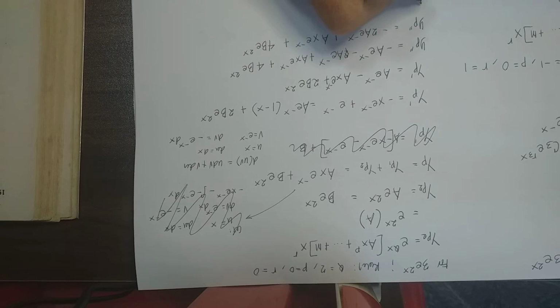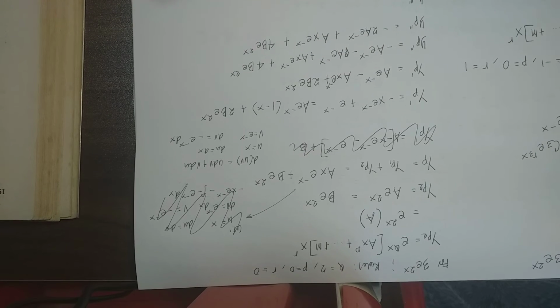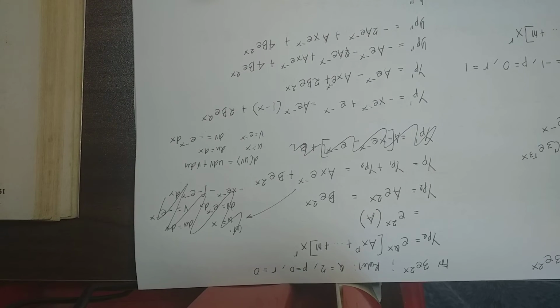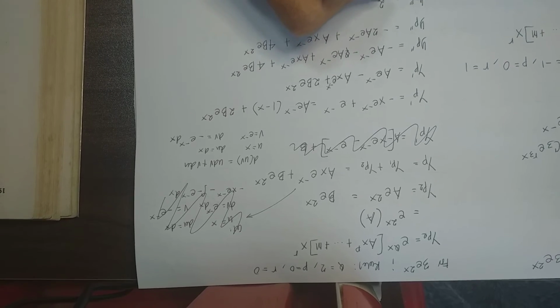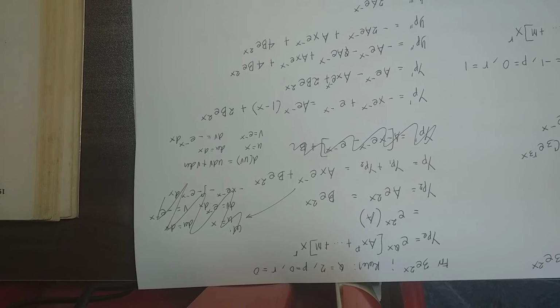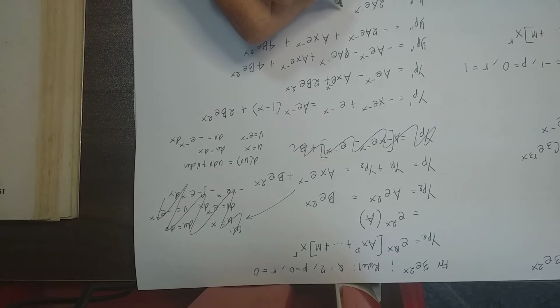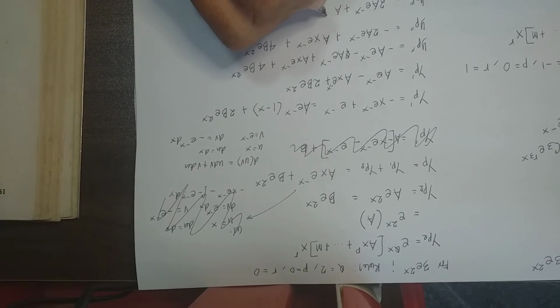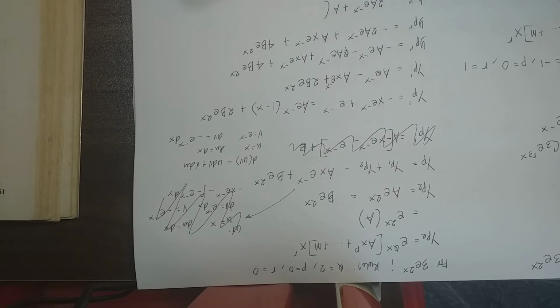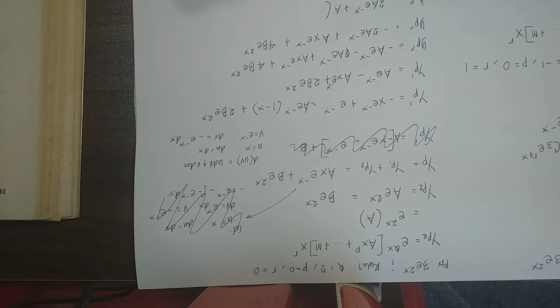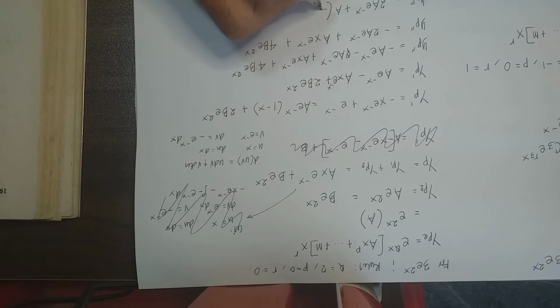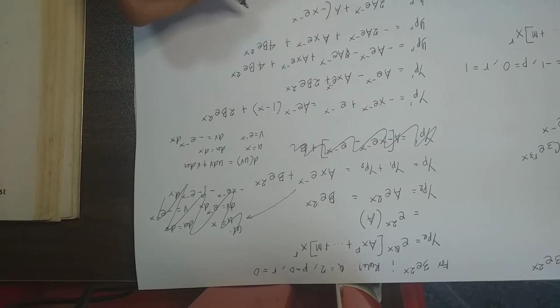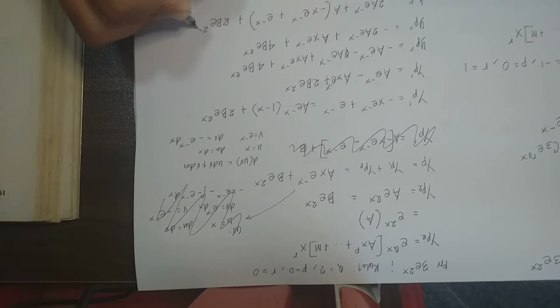y triple prime is equal to 2a e to the negative x plus a times (u v, negative x e to the negative x plus e to the negative x) plus 8b e to the 2x.